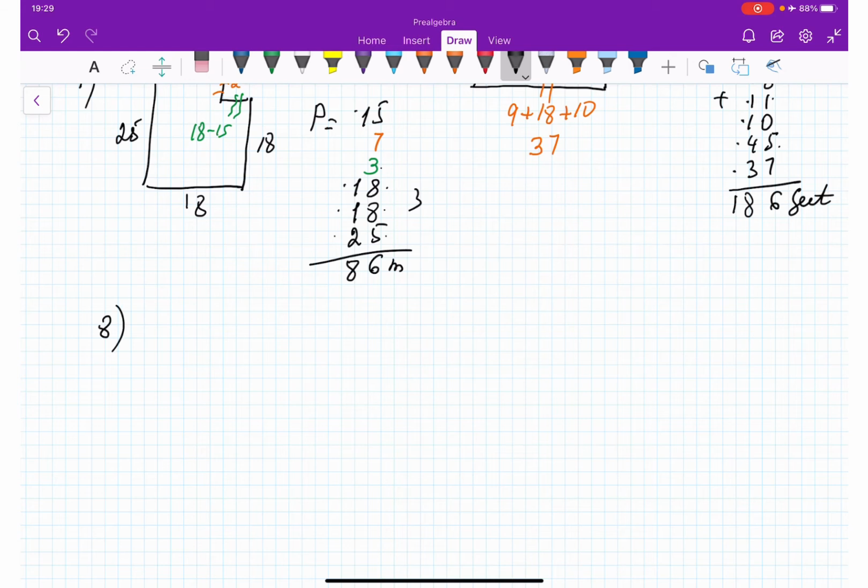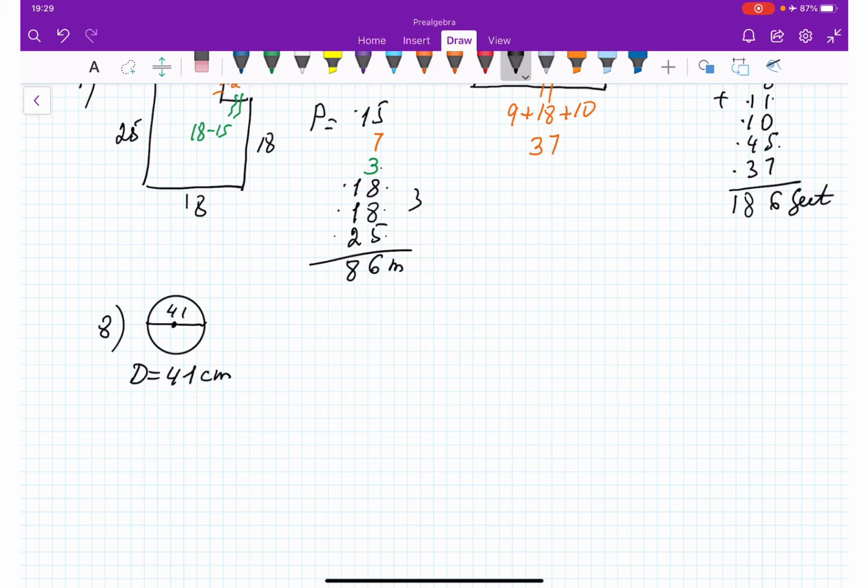So again, we have a circle with a diameter of 41 centimeters.